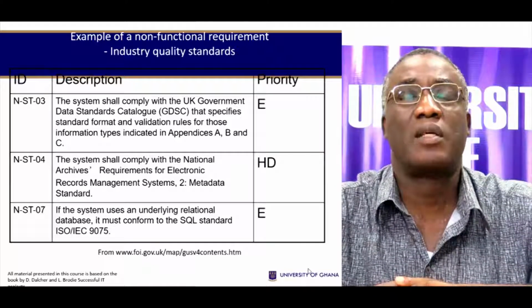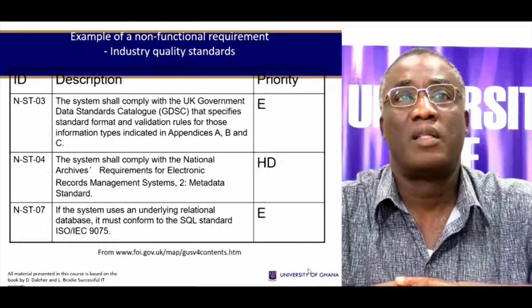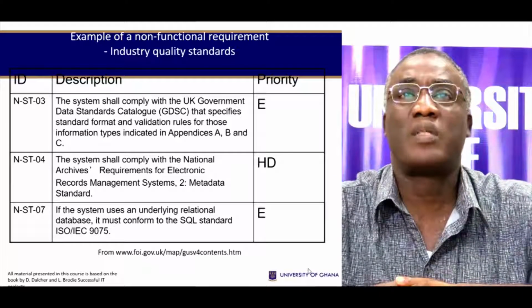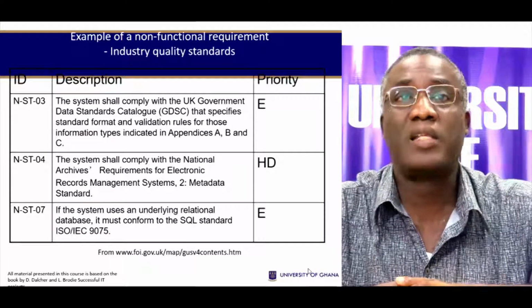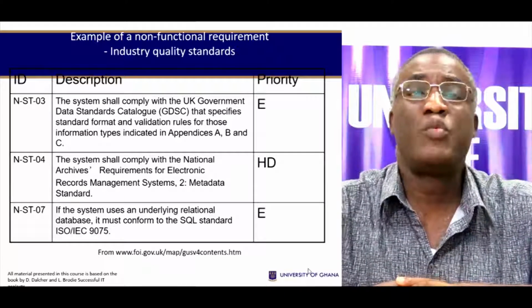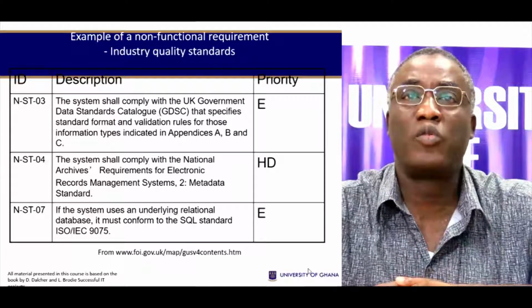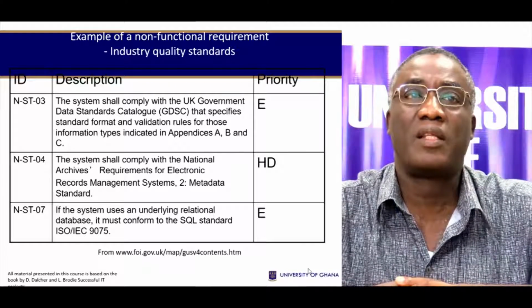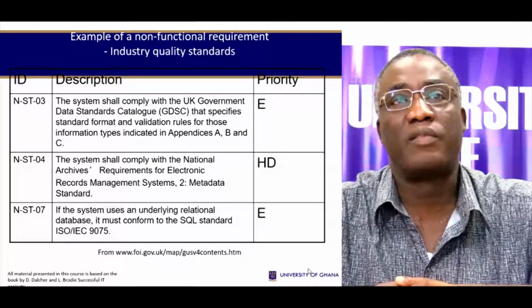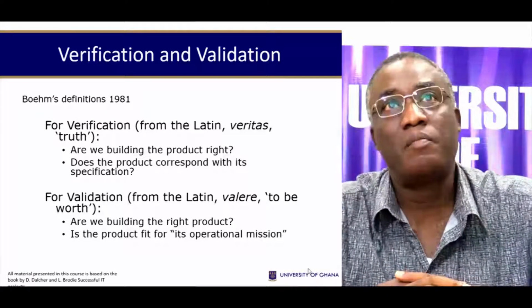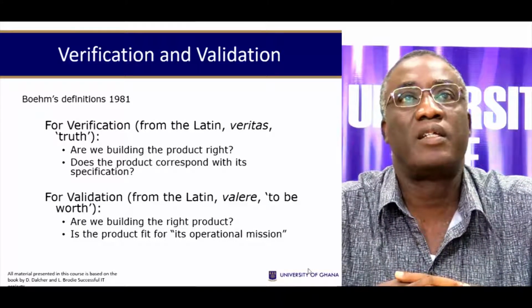The system shall comply with the National Archives requirements for electronic record management systems. This is highly desirable. If the system uses an underlying relational database, it must conform to the SQL standard of ISO/IEC 1975. So that's also essential.